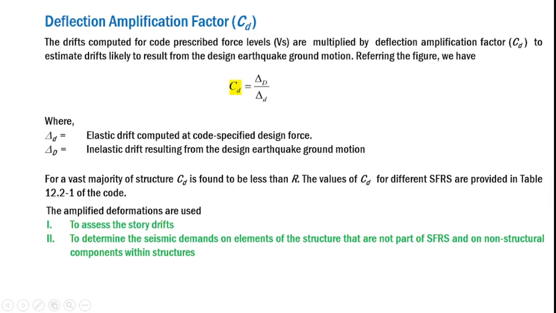So remember, while calculating the story drift, we have to take the inelastic drift into account by multiplying the elastic drift by the coefficient CD. And these amplified deformations are also used to determine the seismic demands on elements of the structure that are not part of the SFRS, and also the forces developed in non-structural components within the structure.